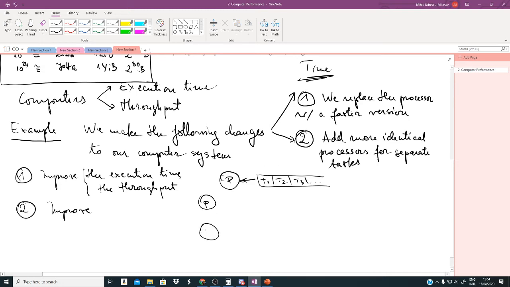When you put in another processor, then you will have something like this: T1, T3, and so on here, and T2, T4, and so on.